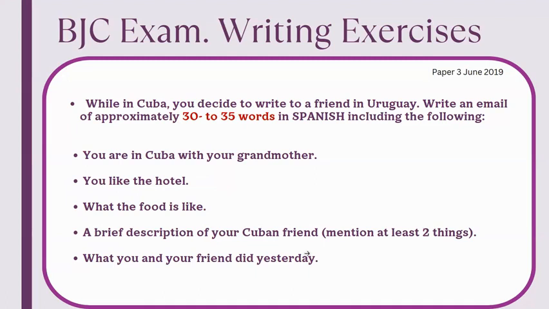What about the people who work in the hotel? You could actually say that they are friendly, right? So you can even talk about the people. You can even talk about if the bed was comfortable, right? Those are things that you could mention. Or if the room was nice, or if it had a big television in the room.